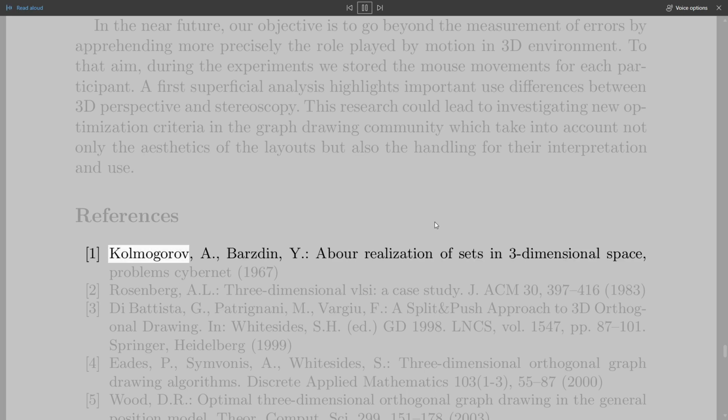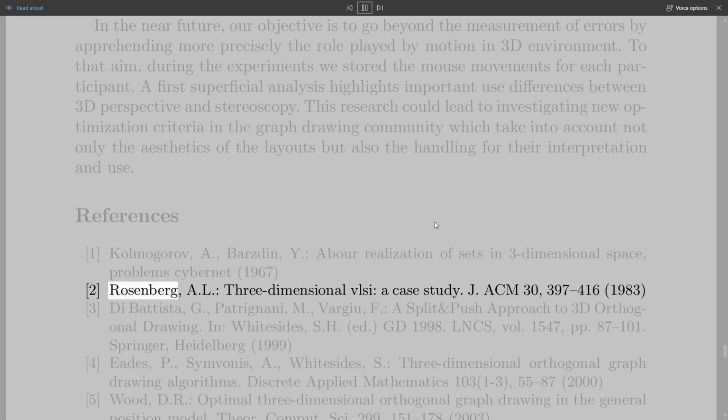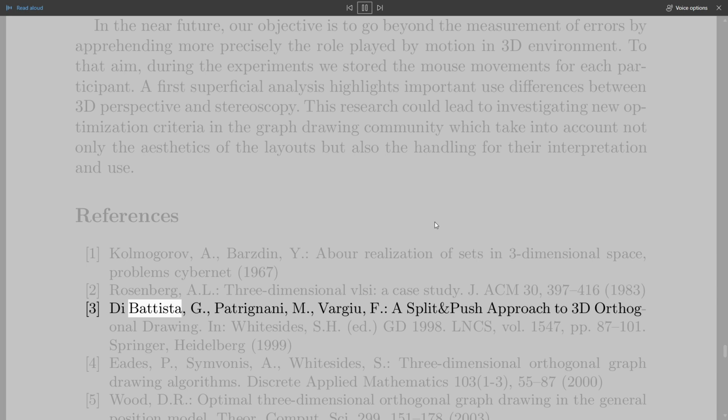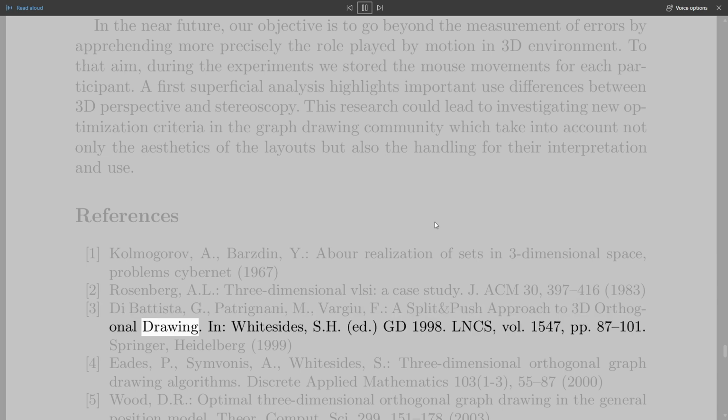1. Kolmogorov, A. Barsden, Y. Abora. Realization of sets in three-dimensional space. Problems Cybernet, 1967. 2. Rosenberg, A.L. Three-dimensional VLSI, a case study. J. ACM 30, 397 to 416, 1983. 3. D. Batista, G. Patrignani, M. Bargiu, F. A split and push approach to 3D orthogonal drawing. In Whiteside's SH edition, GD 1998.